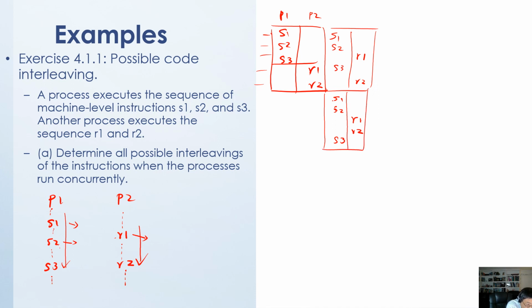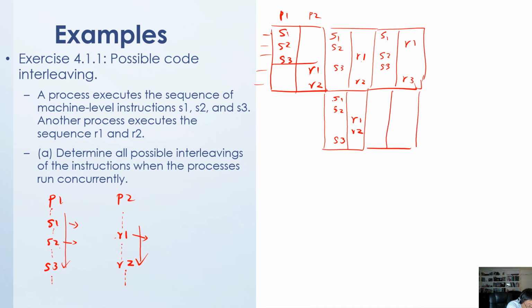Now the other scenario is R1 is executed before S2 and S3. So S1 and then R1, and then I have S2, S3, R2. That's a possibility.